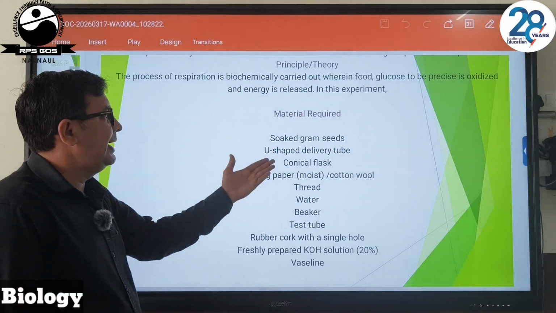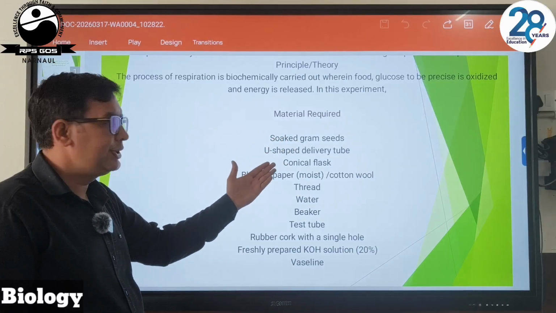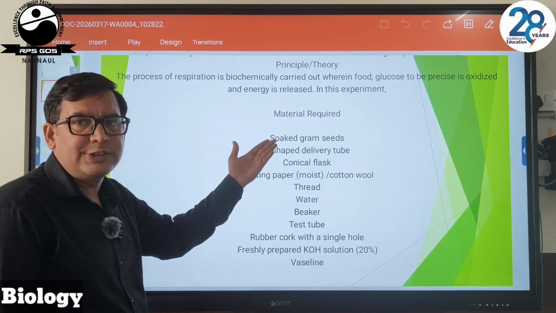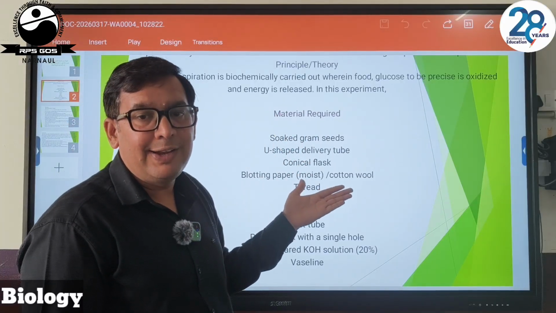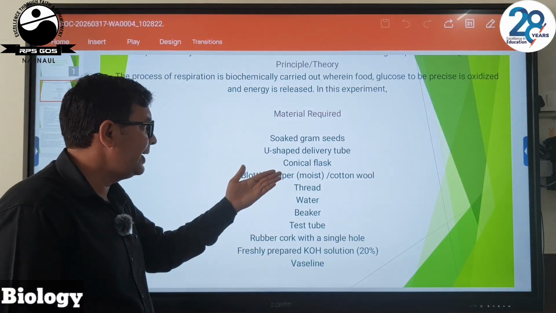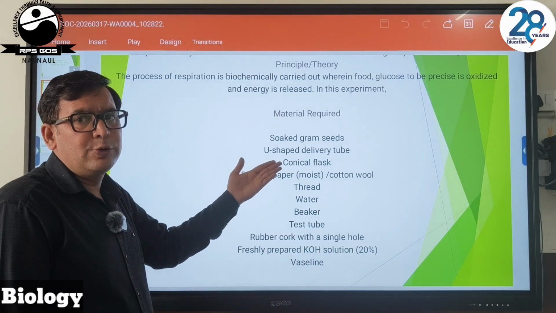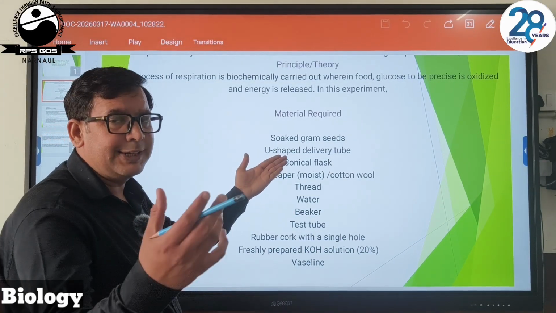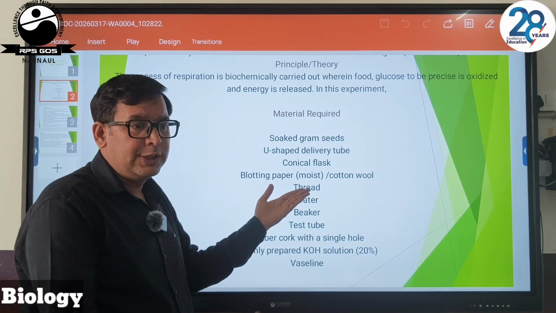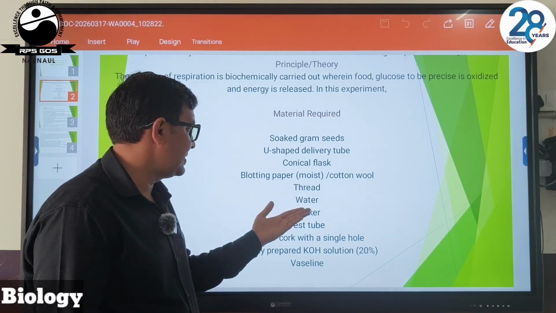Now the material required is soaked gram seeds and a U-shaped delivery tube. We have taken the soaked gram seeds because they are more metabolically active and they will produce a good amount of CO2. A conical flask will be used to store the germinating seeds. Blotting paper thread, we will use it to hang the KOH pellets.